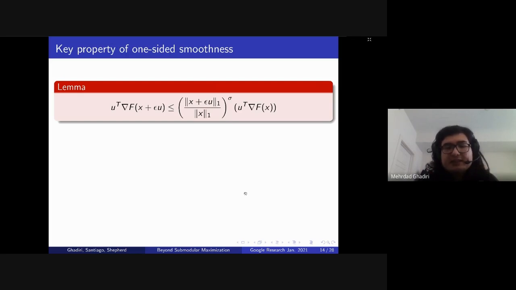Basically, it says that the first order directional derivative at points close to x is bounded by some factor of the directional derivative at x itself. One can see that this bound is exponential in sigma, but when sigma is constant, it is a constant bound or something like that.